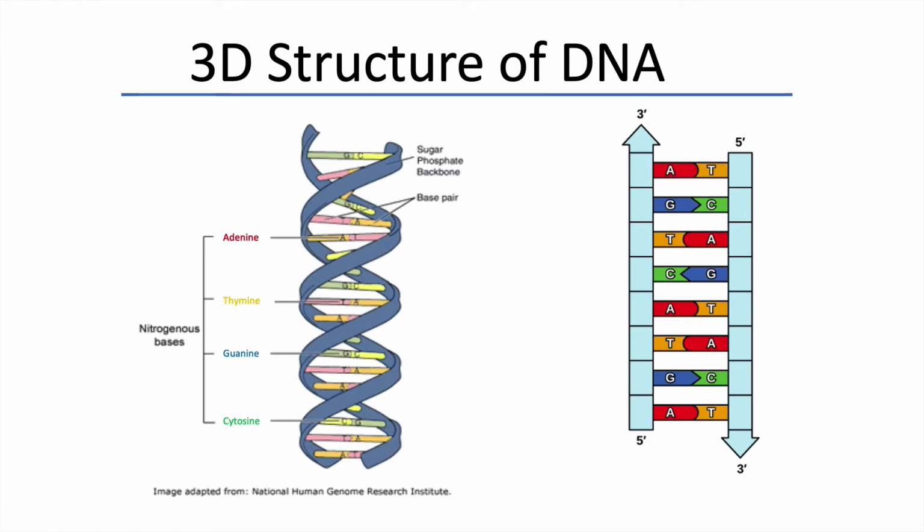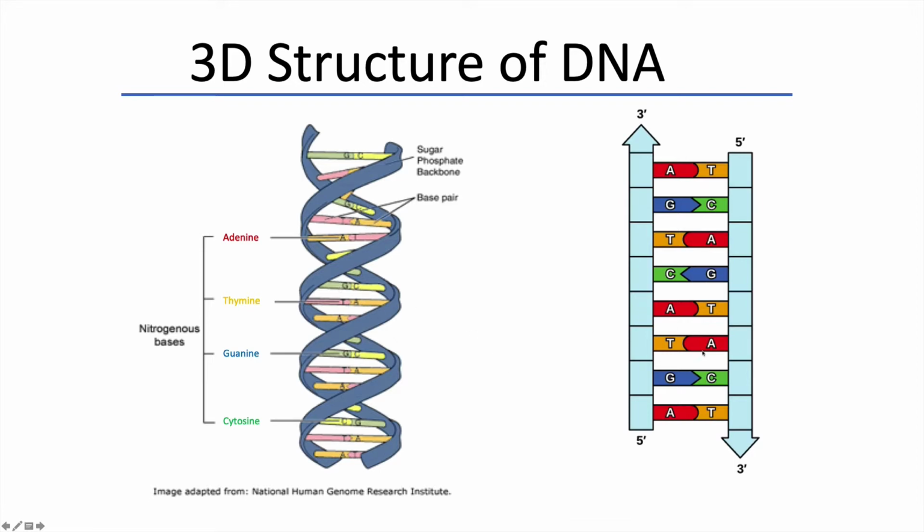The 3D structure of DNA is depicted on this side of the slide. Once again, we have the double helix, each strand wound around a central axis. This central axis is wound about by a sugar phosphate backbone, and within each of the strands there are bases that pair with each other, forming the obligatory pairing of thymine with adenine and guanine with cytosine.